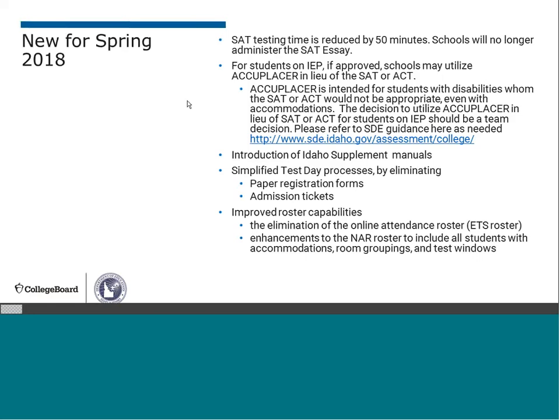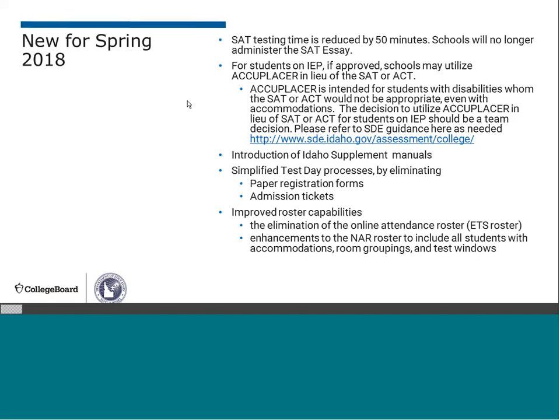Instead, we have made some significant enhancements to the Non-Standard Administration Report, or NAR. Last year, if you remember, you had students with accommodations, some that showed up on the online attendance roster and some that showed up on the NAR. This year, all students that have an accommodation will appear on your NAR.